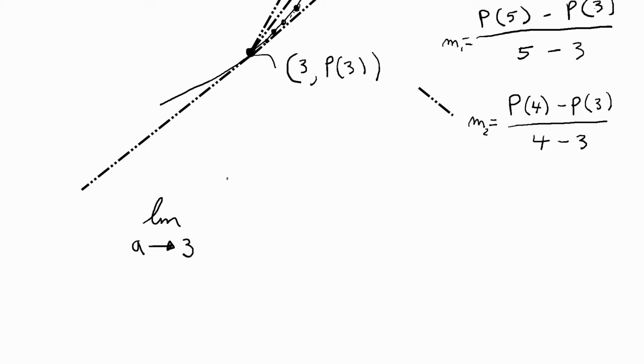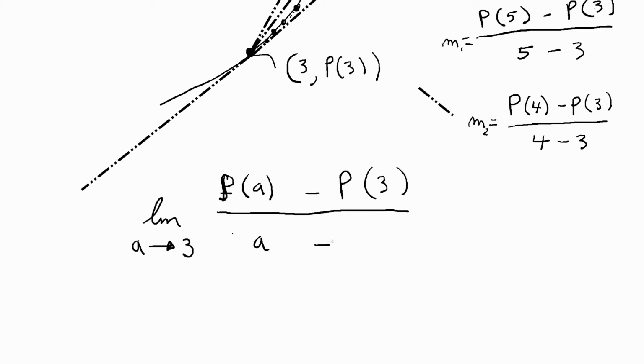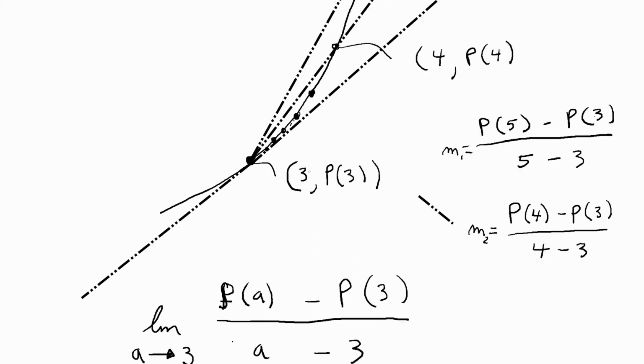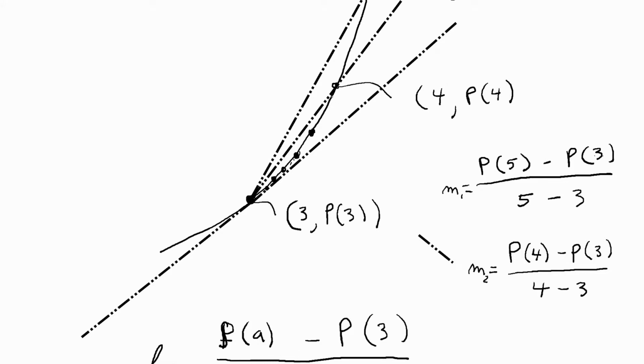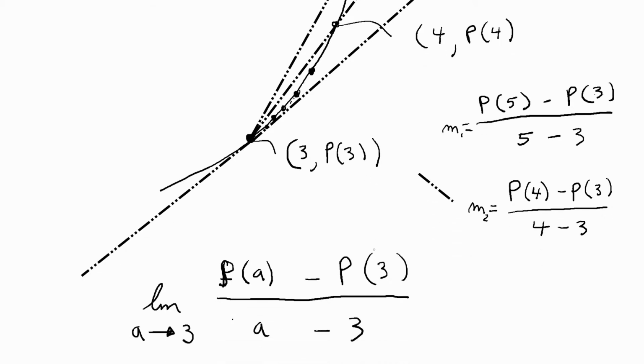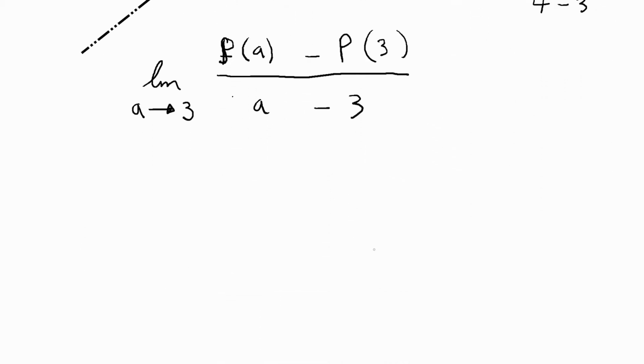We're going to take P of a minus P of 3 divided by a minus 3. So we're calculating this limit. We're seeing what the average rate of change is as, for each of these lines, we let this point get closer and closer, and that limit is going to be called our instantaneous rate of change.